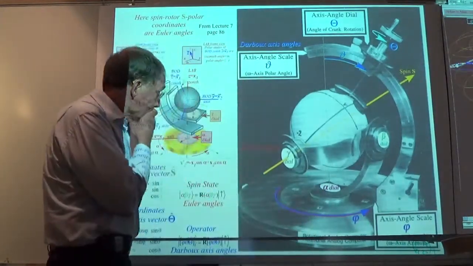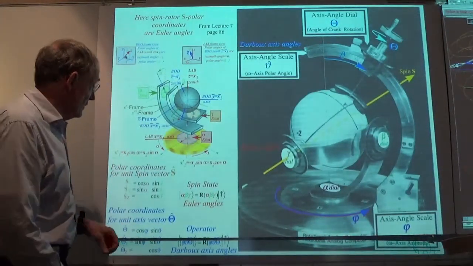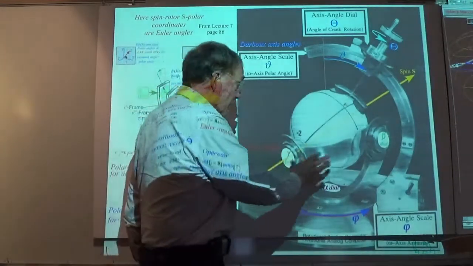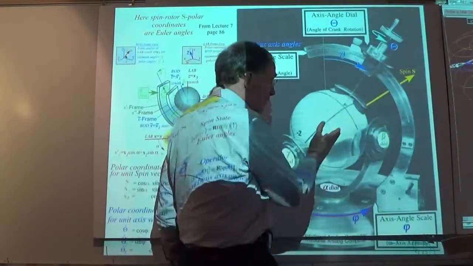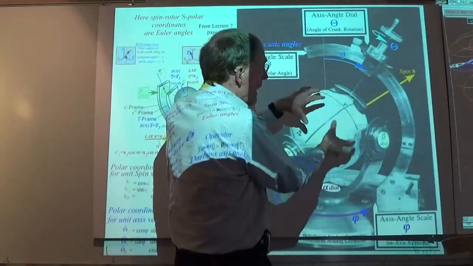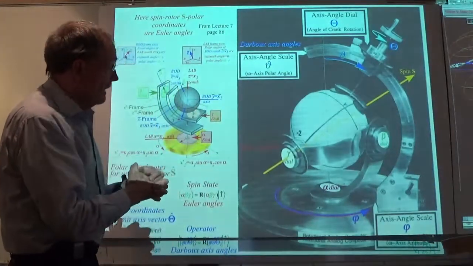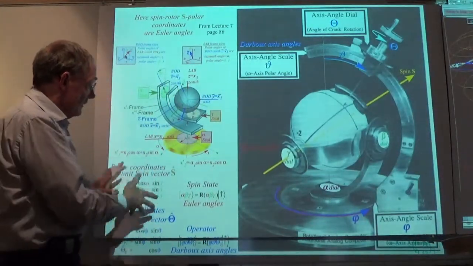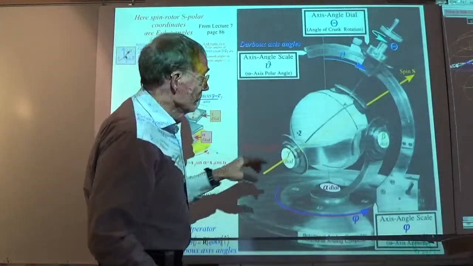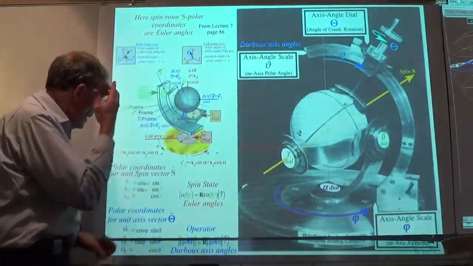So I pointed out right away last lecture that the Euler angles that are coordinates for the spin vector, in fact the whole body there, are things that we'll be taking on later on as we discuss the higher representations of the spin that we're working on right now.